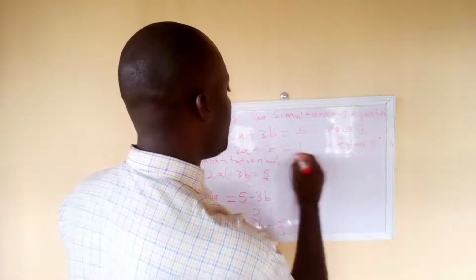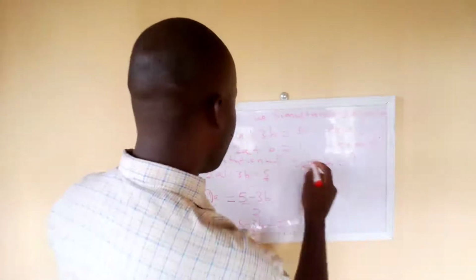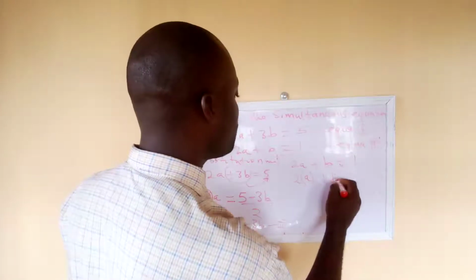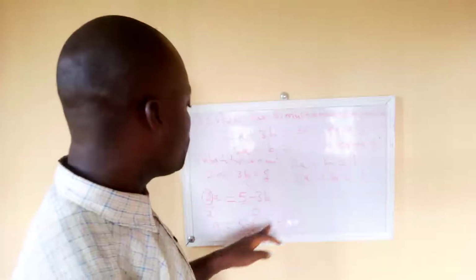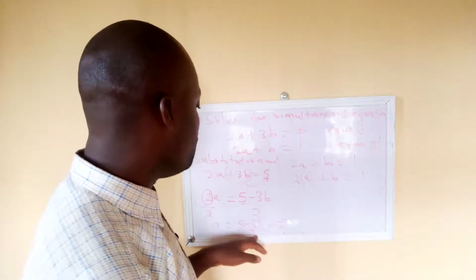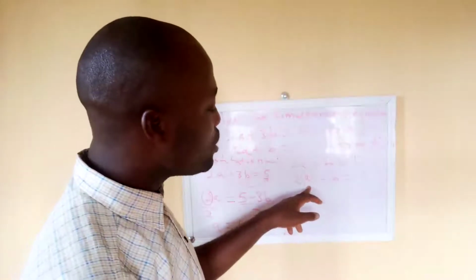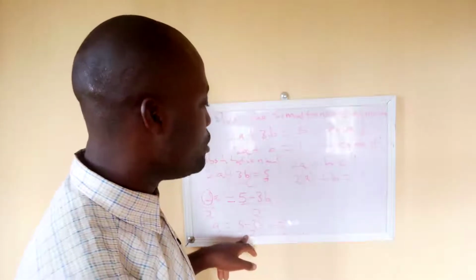We have 2a plus b equal to 1. So we can write 2a as 2 open bracket a close bracket plus b equal to 1. Why I have to do it this way is I want to substitute a is equal to 5 minus 3b over 2. What I'm saying is anywhere you see a now, this is what you will put: 5 minus 3b over 2.